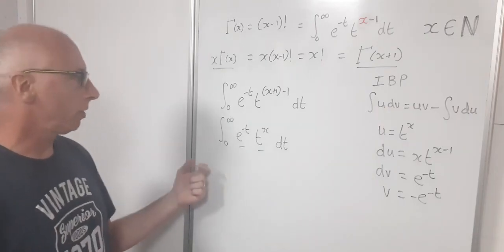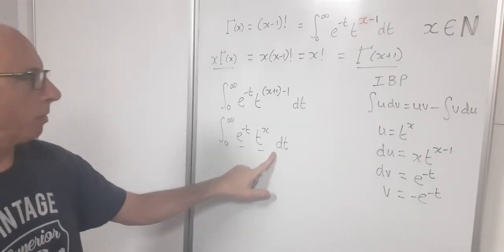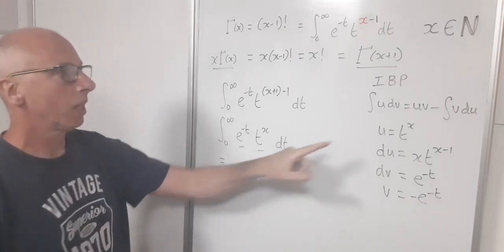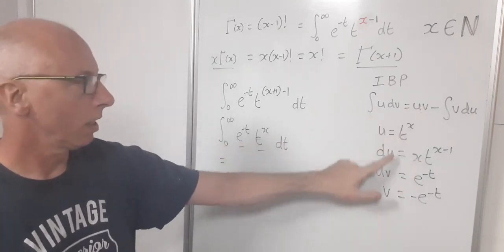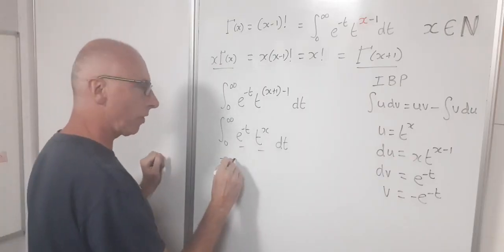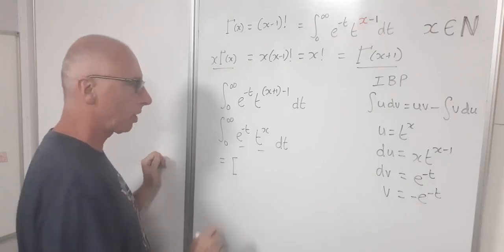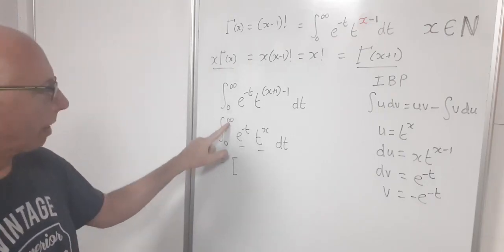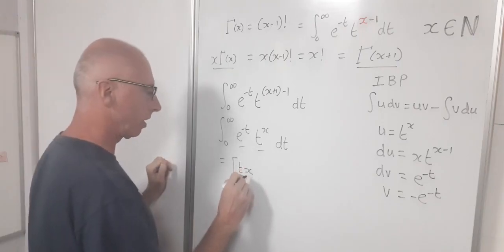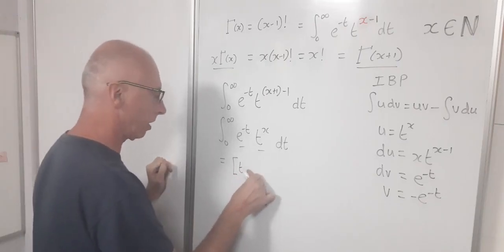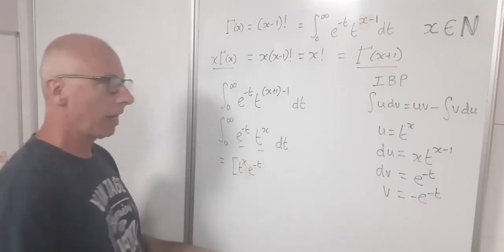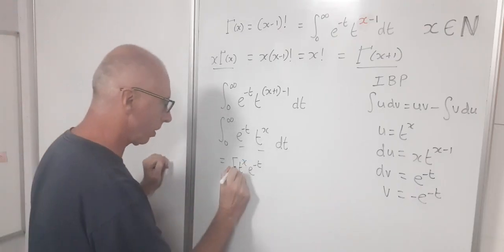So then what I need to do now is this integral now equals, so I bring this down and that equals u times v. So t to the x times minus e to the minus t. So if I just write that in a bracket, because that will be under the parameters of integration. So t to the power of x, e to the minus t, and the minus sign I'll just bring to the front.